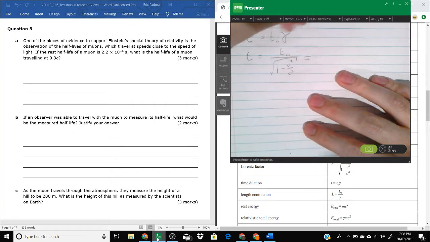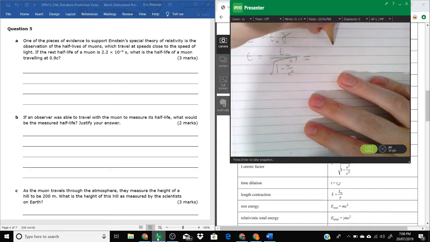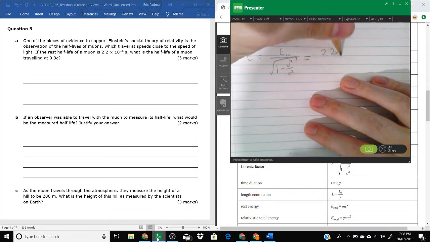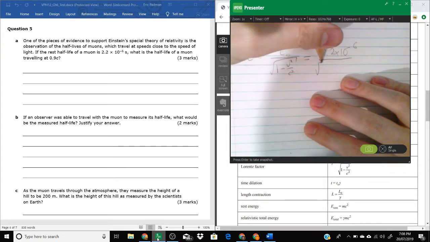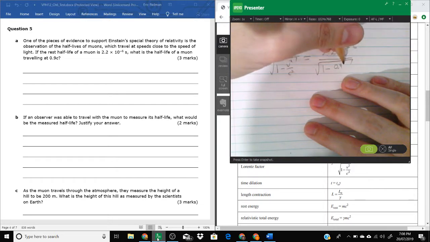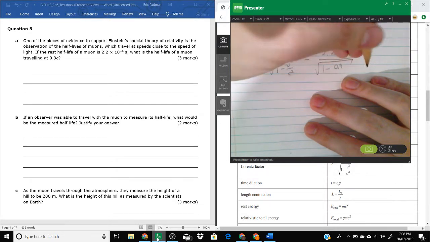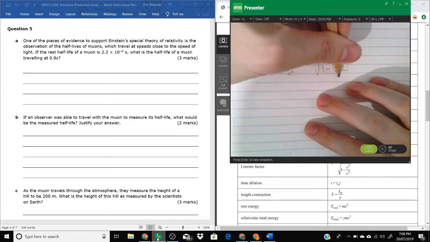The proper time is 2.2 times 10 to the minus 6. Square root of 1 minus, let's put that in parentheses, 0.9 c, over c squared.